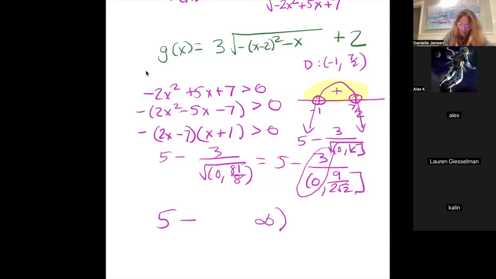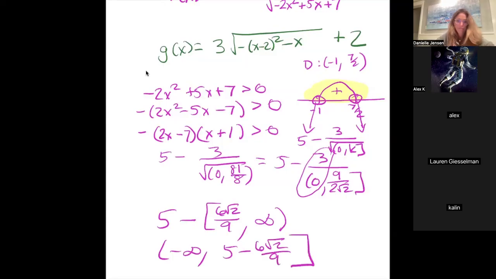So you should get 6 root 2 over 9. And then we just subtract. So it's going to be negative infinity, and the high will be 5 minus 6 root 2 over 9. So that was your range for that one.